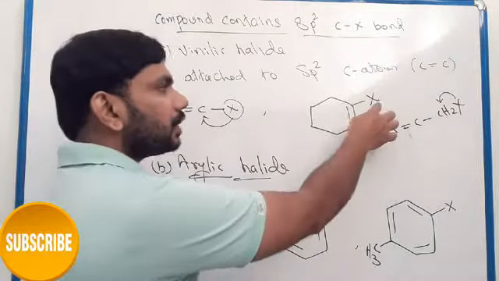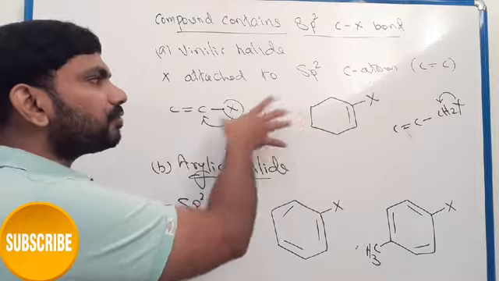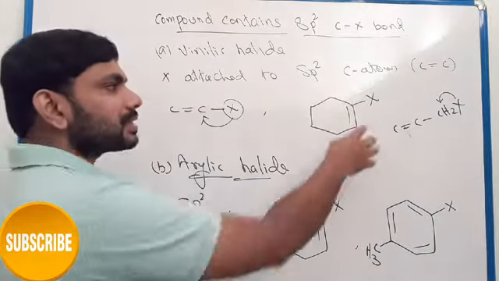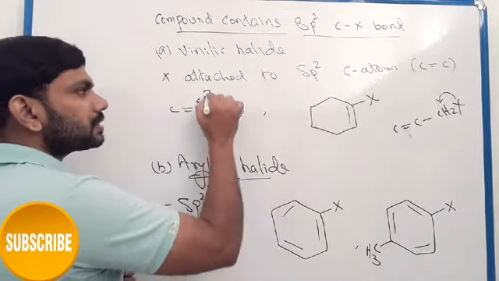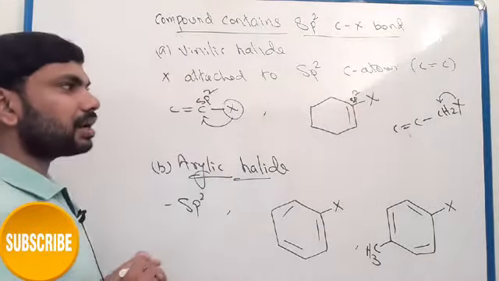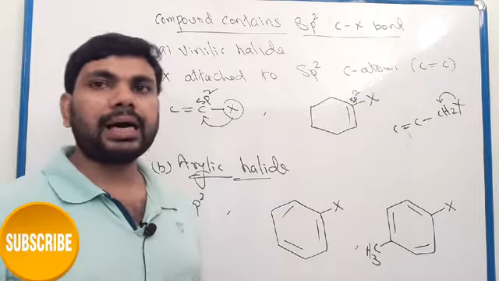Here halogen is directly attached to carbon carbon double bond. So this type of compounds are vinylic halide. This halogen attached carbon is sp2 hybridized, and these are vinylic halide.